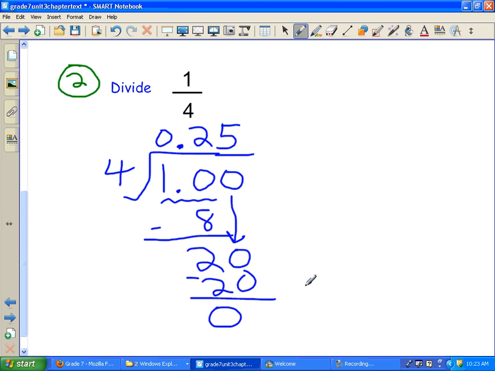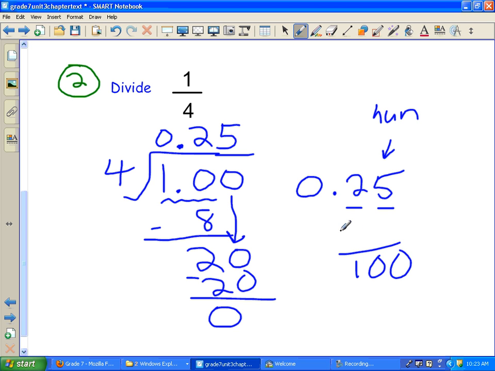We've got 0 remainder. So our answer is 0.25. And since it's 2 decimal places, and this is the hundredths place, we know it's going to be out of 100. So it's going to be 25 out of 100. And as we just learned, anything written out of 100 really means percent. So it's going to be 25%.